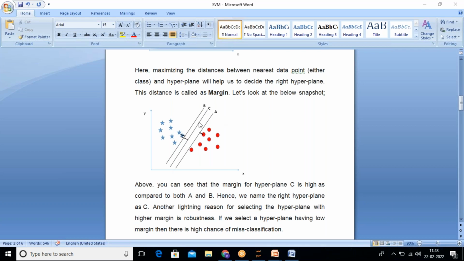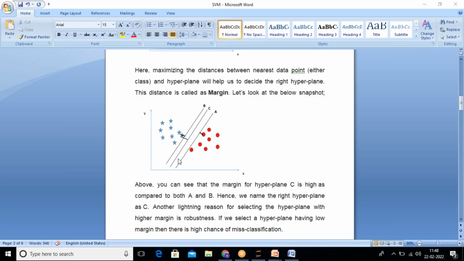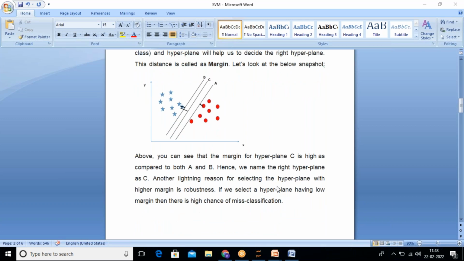The distance is called the margin, and hyperplane C is better as compared to A and B. C will give us the maximum classification, with only a rare chance of misclassification.